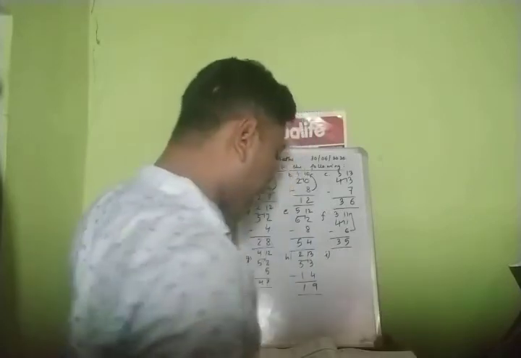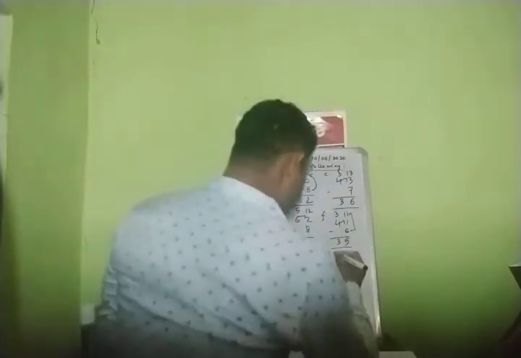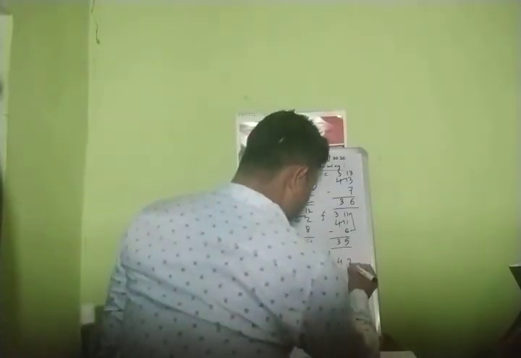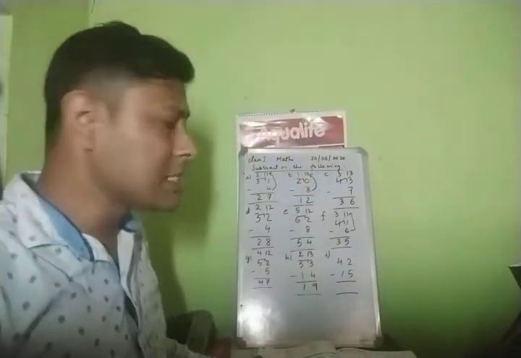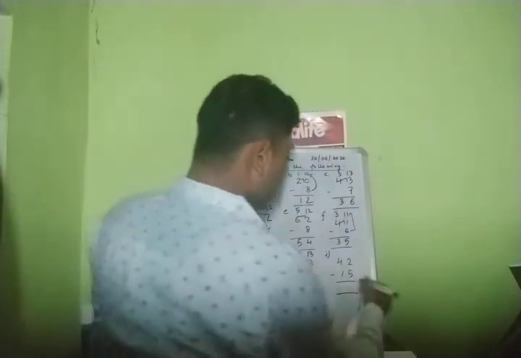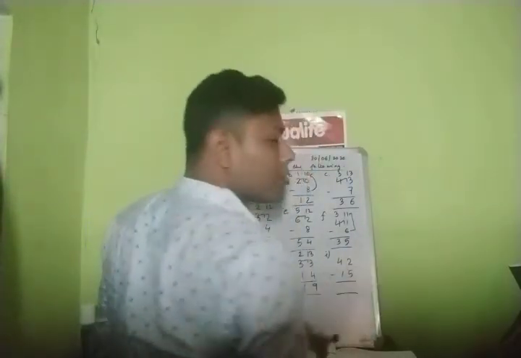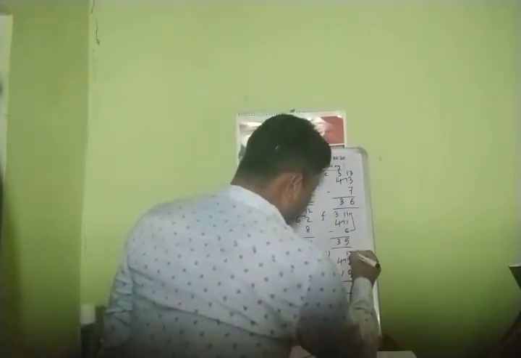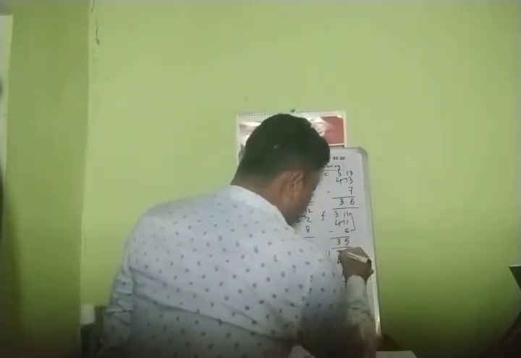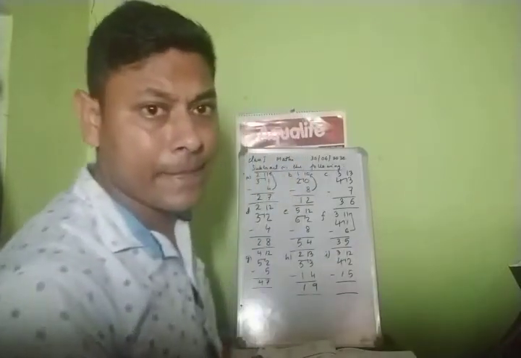Question number I. 42 minus 15. Okay? 42 minus 15. Now, from 5 you cannot go till 2. Then what do you have to do? Borrow. When you borrow here, it became 12. From 4 you are giving 1, it became 3.